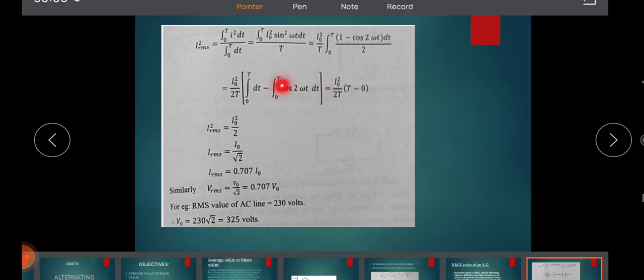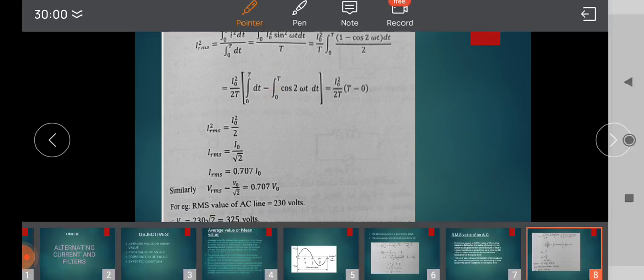The integration of sin 2 omega t, substituting the limits T and 0: here sin pi is equal to 0, at the same time sin 0 is equal to 0. That's why this term is taken as 0.